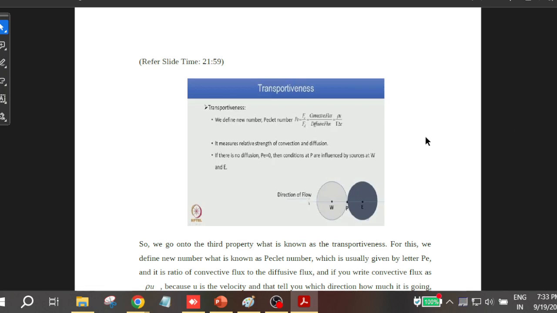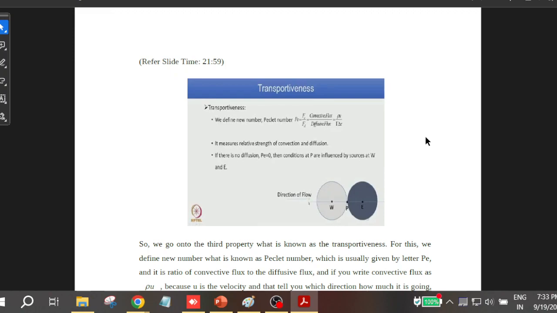If there is no diffusion, I think the Peclet number should be infinity. But whatever statement is given, that the conditions at P are influenced by sources at W and E, is not correct, I think.